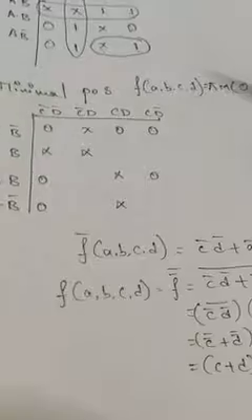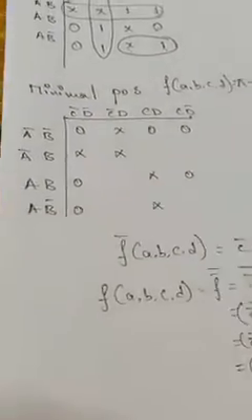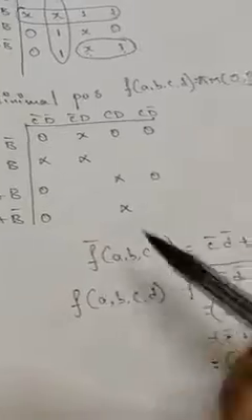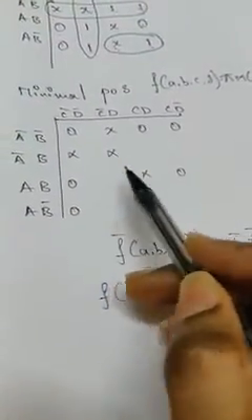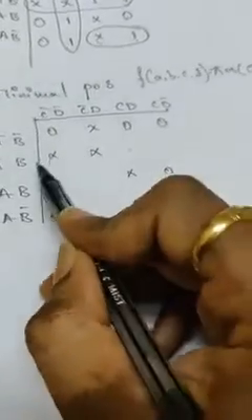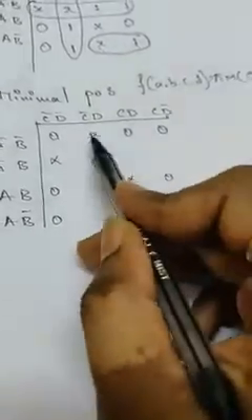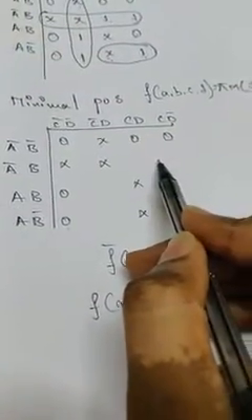Now concentrate on grouping these. Check whether there is any possibility of an octet, 8 adjacent zeros. If there were x's here, I could have taken this x, this x, this x as zeros and made an octet like this.